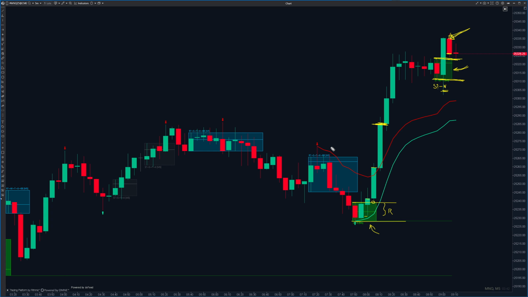Now the third letter, so we have: was it resistance? Yes. It was a strong or weak order block. T means tested. It got tested. Then we have BB, which means that this particular order block turned into a breaker block, again based on certain price action rules, not just because I say so.